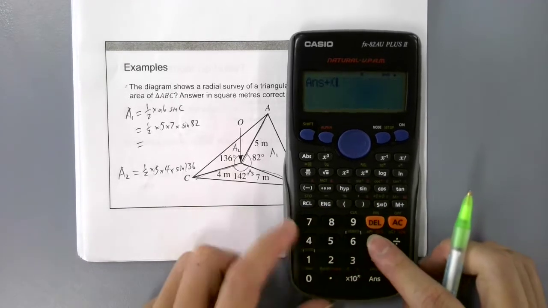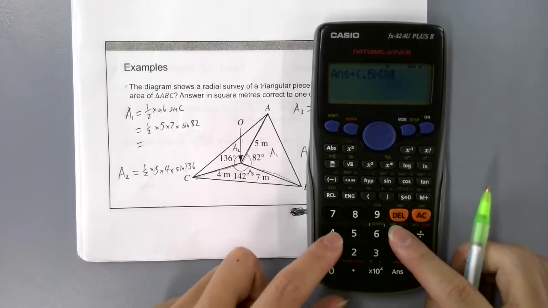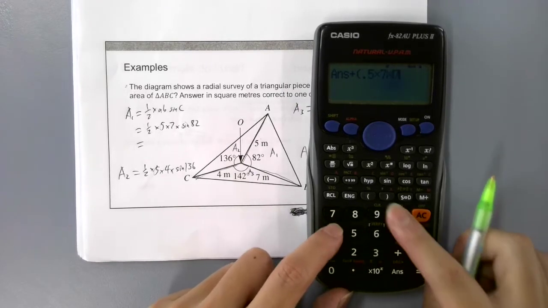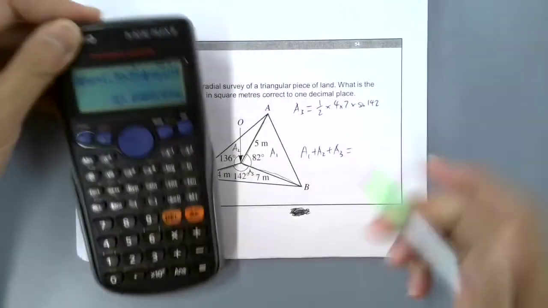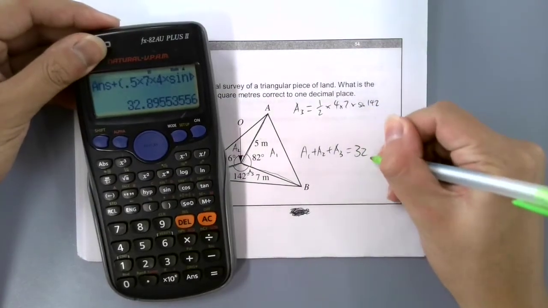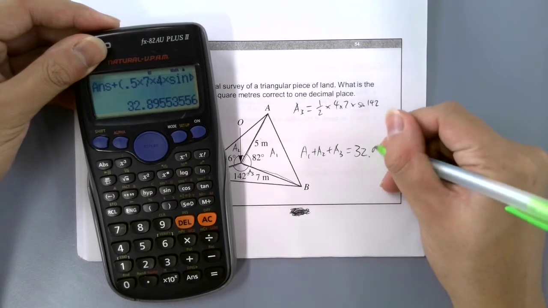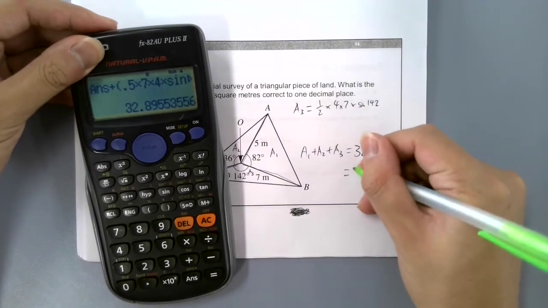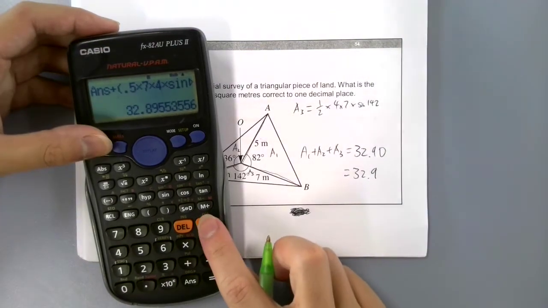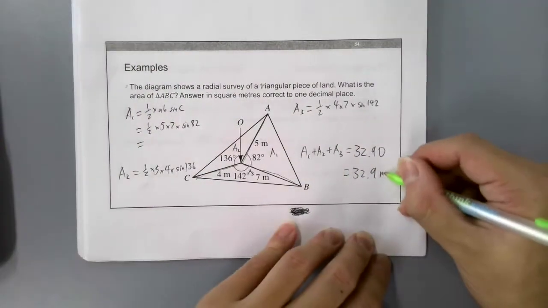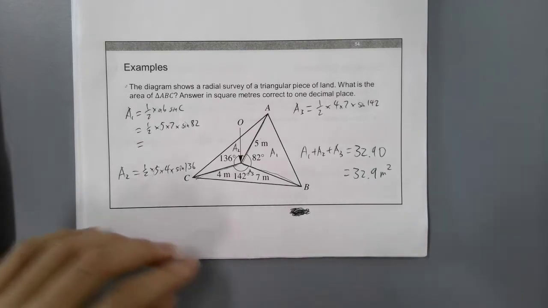And then I'm going to add half times 4 times 7 times sine 142. And that total is my area. To one decimal place, I'm just going to go 32.9 meters squared. And so that's how we find the aerial survey for this example.